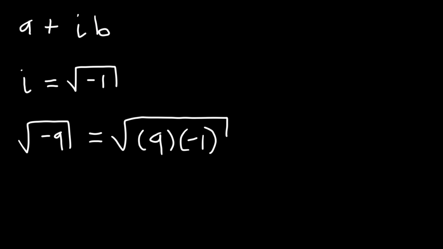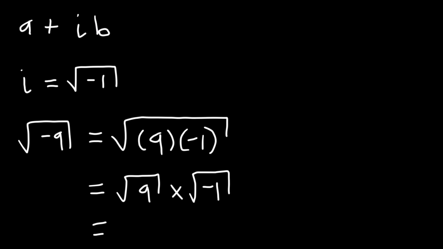And then we can separate this as the square root of 9 times the square root of -1. This will be equal to the square root of 9, which is 3, times, now we know that the square root of -1 is equal to i. So this will be equal to 3i. So that's how you find the square root of a negative number.